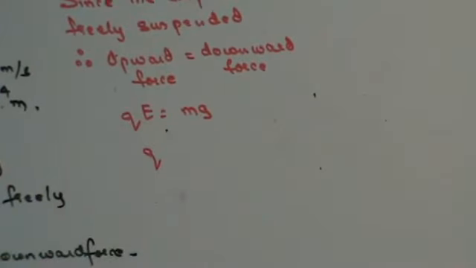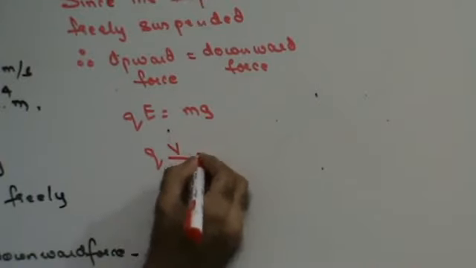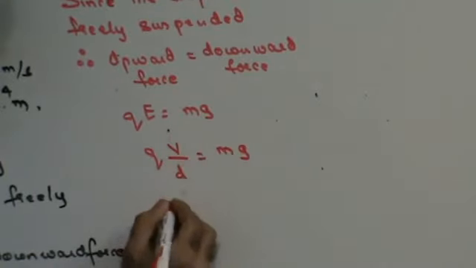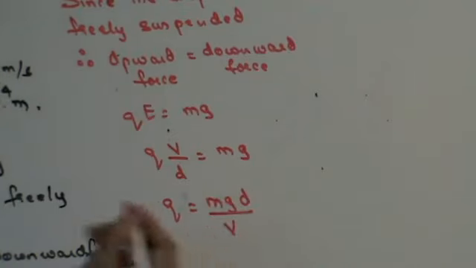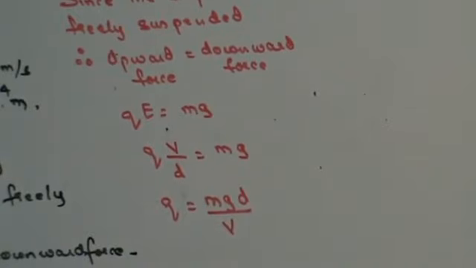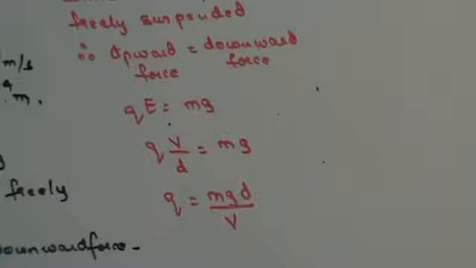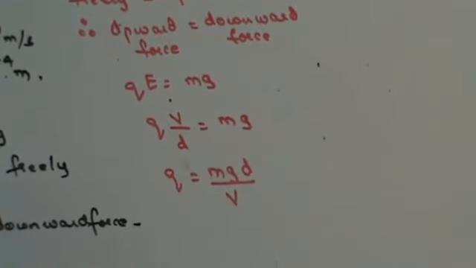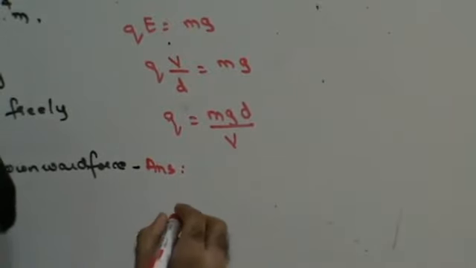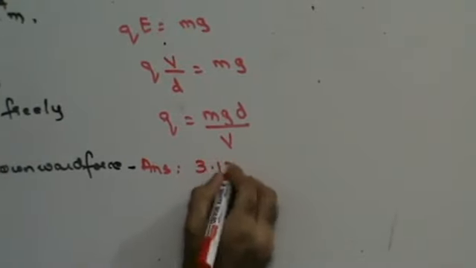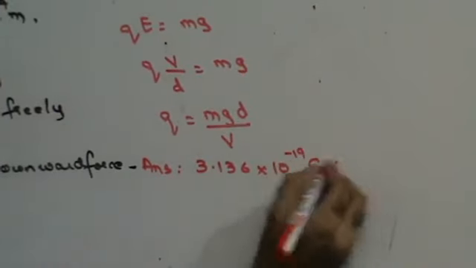Now E, the electric field, is nothing but potential difference per unit distance. Therefore Q is equal to mgd upon V. I know m, I know d, and g is constant, so I'll come to know the charge. The answer for this sum should be 3.136 into 10 raised to minus 19 coulombs.